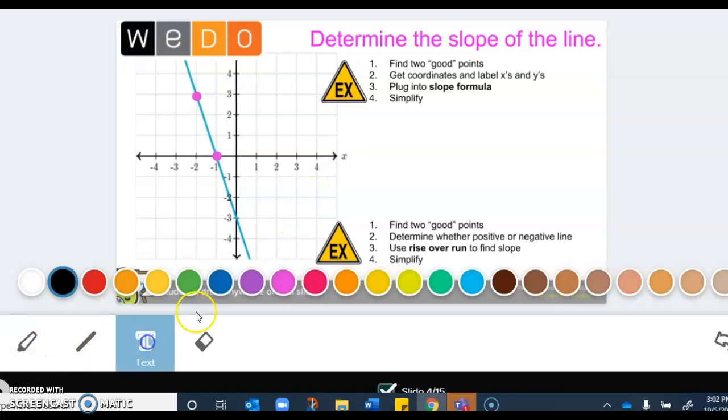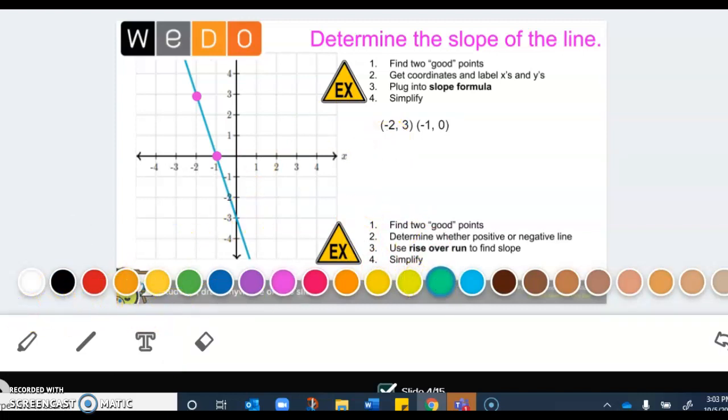If we are using the slope formula, we need to get the coordinates of those points, which were negative 2, 3, and negative 1, 0. If you're using that way, because you know it, like it, understand it, then I say stick to it.